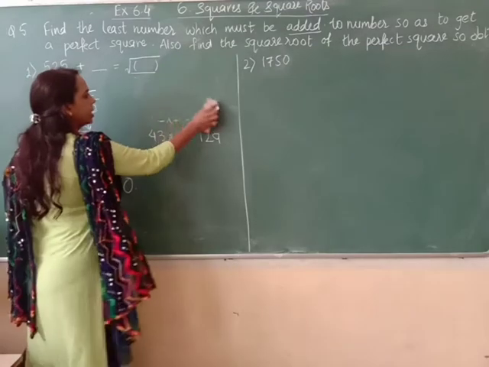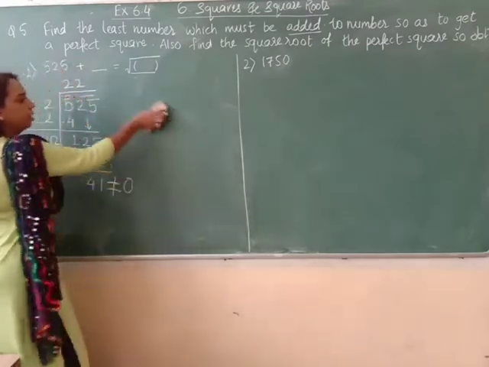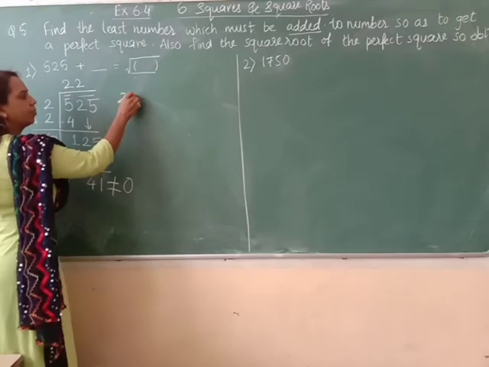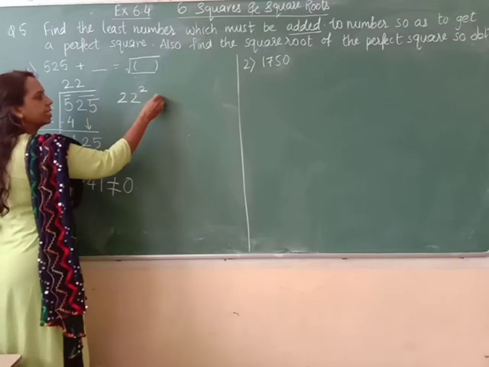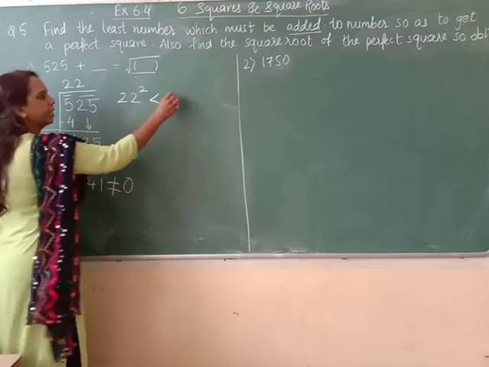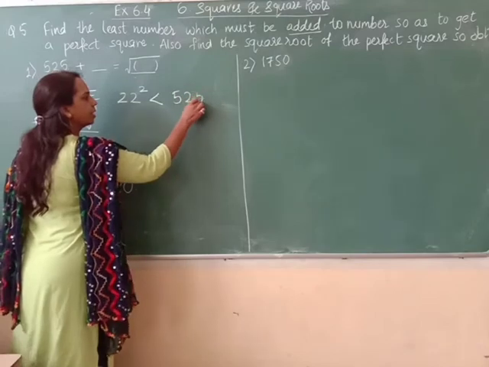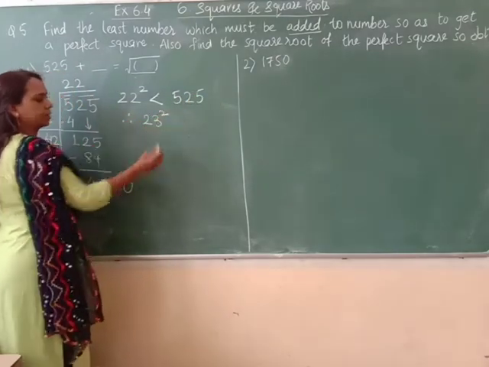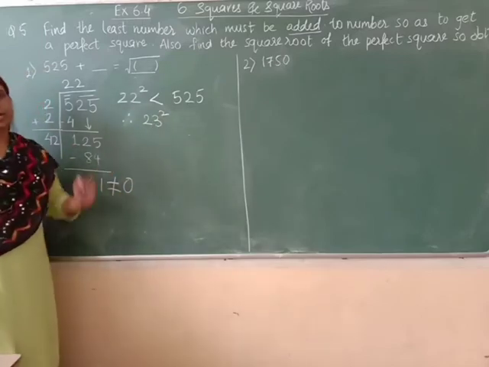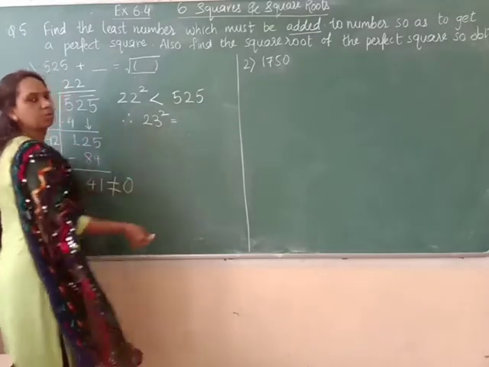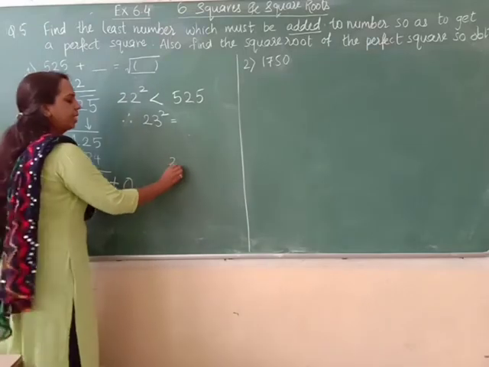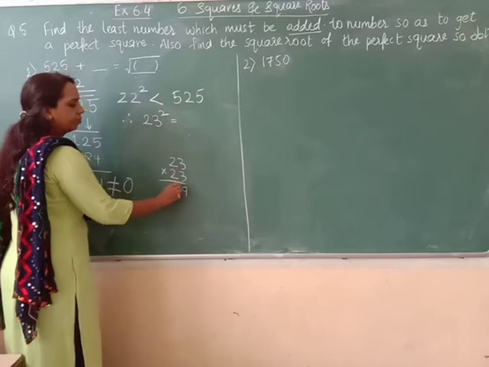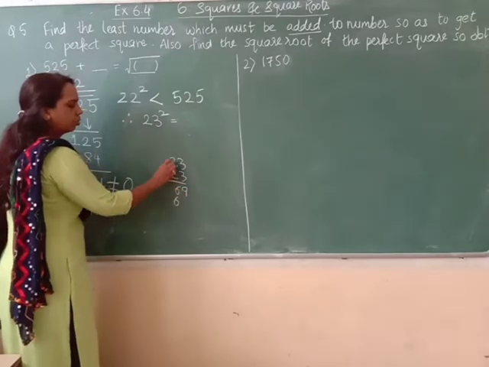As we already discussed in the example about the addition, the square of 22 is less than 525. Therefore we will take 23 square. Now what is 23 square? Let us find out. 23 into 23: 3 into 3 is 9, 3 into 2 is 6, 2 into 3 is 6, and 2 2s are 4.